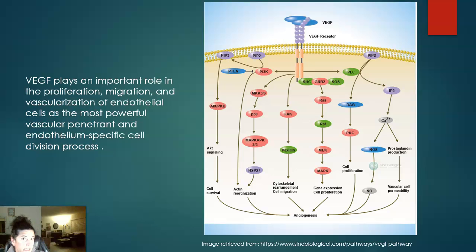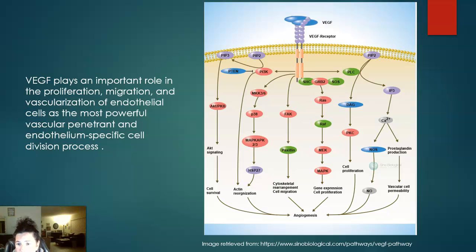So in one of the classes that I had mentioned in the first slide, one was the VEGF. Sorry, did I say too many E's in there? So the VEGF plays an important role in the proliferation, migration and vascularization of the endothelial cells as the most powerful vascular penetrant.